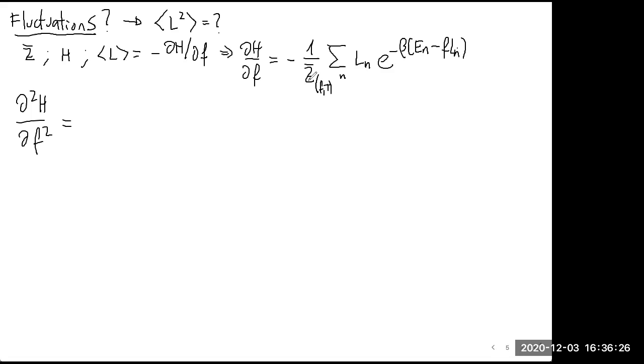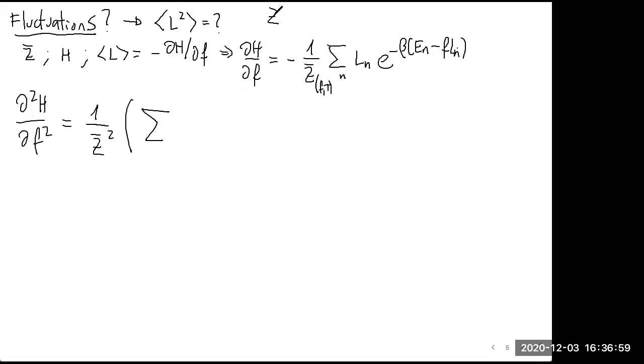First, the derivative of 1 over z with respect to f is minus 1 over z squared. And then I need to do the partial derivative of z with respect to f. Because this is z, if I make a derivative of z with respect to f, the ln will come.